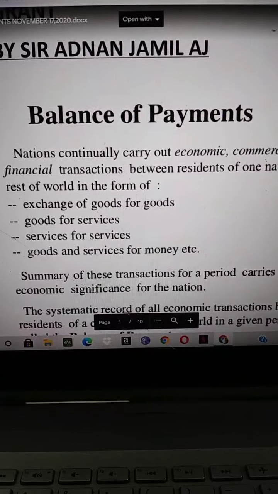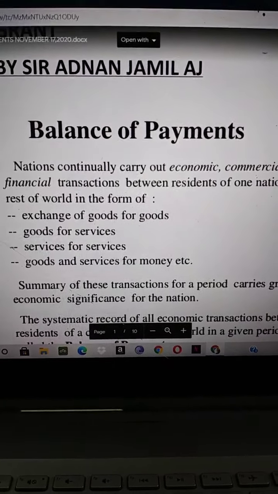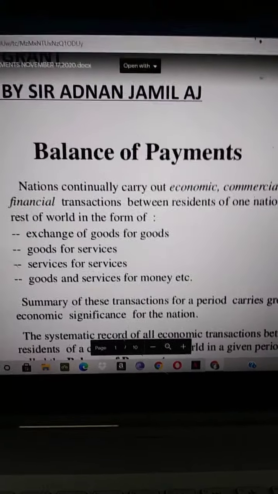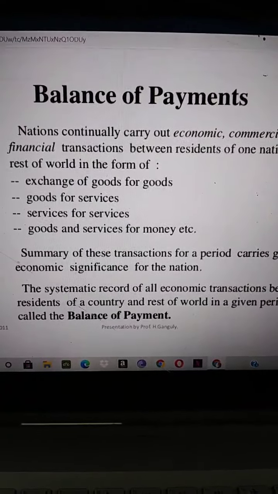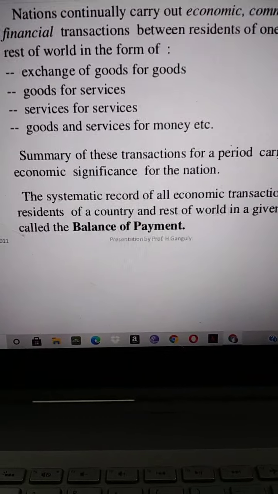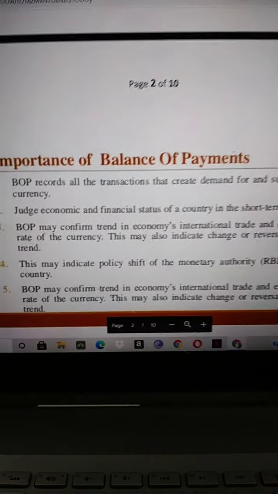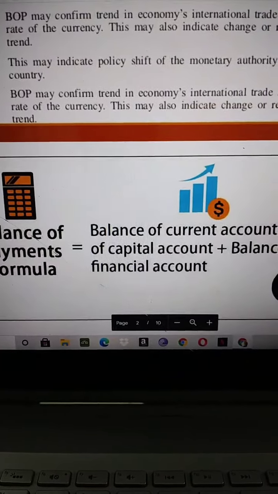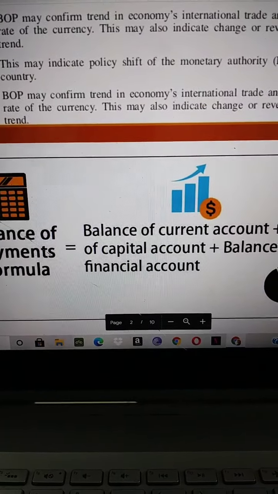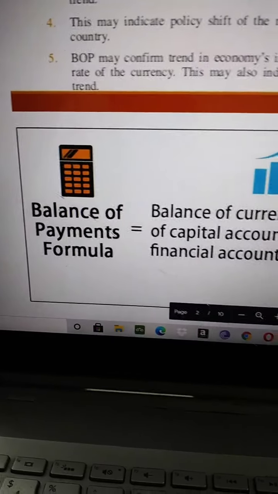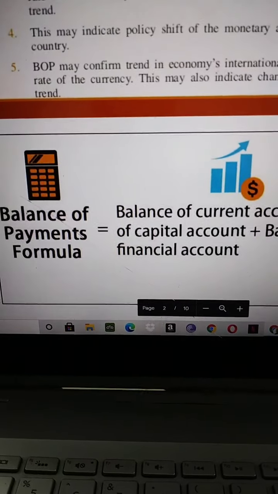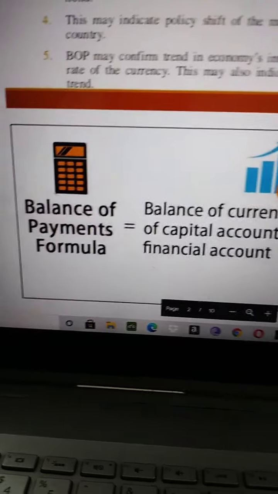And in case of the balance of payments, we have to see that there are three types of accounts which we have to consider: the current account, the financial account, and the capital account. And basically, in case of the O levels course especially, the current account is part of our course.